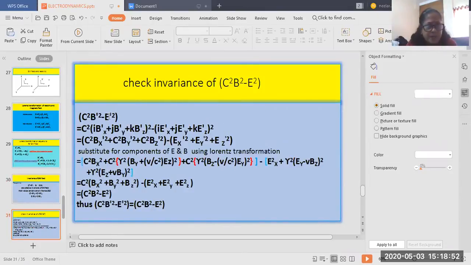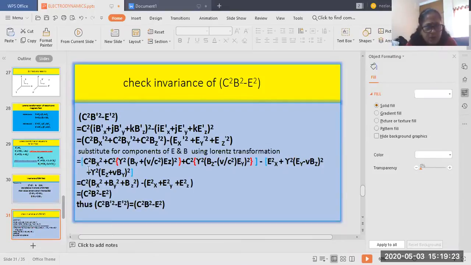So you see here, in the accelerated frame I have taken it as E dash square minus c square B dash square. So what is B? It is i Bx dash plus j By dash plus k Bz dash, and square is that, and that square I have put it here, minus E prime. So Ex, Ey, Ez along with the prime, I have written a square here, and c square is a common factor taken outside.